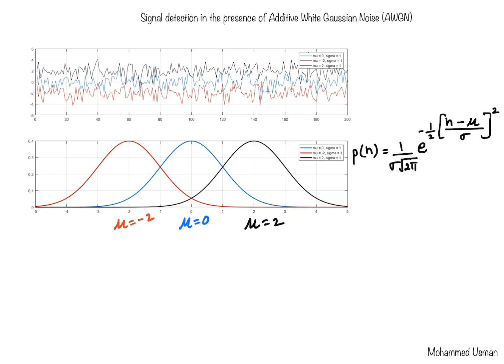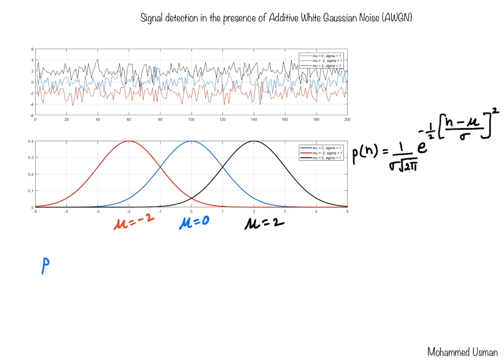So now, given these PDFs, we can write down the equations for each of these PDFs. We'll start with the blue PDF, which has a mean value of 0 and a standard deviation of 1. We'll substitute sigma equal to 1 and mu equal to 0 in the general equation of the Gaussian PDF, and we will get the PDF for the zero mean Gaussian distribution with standard deviation equal to 1.